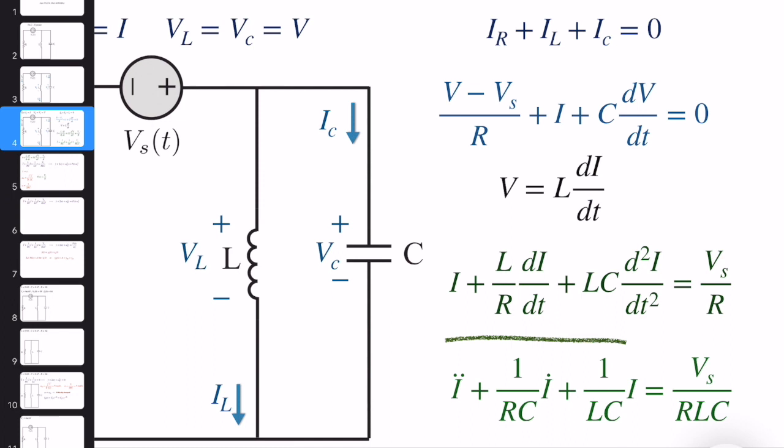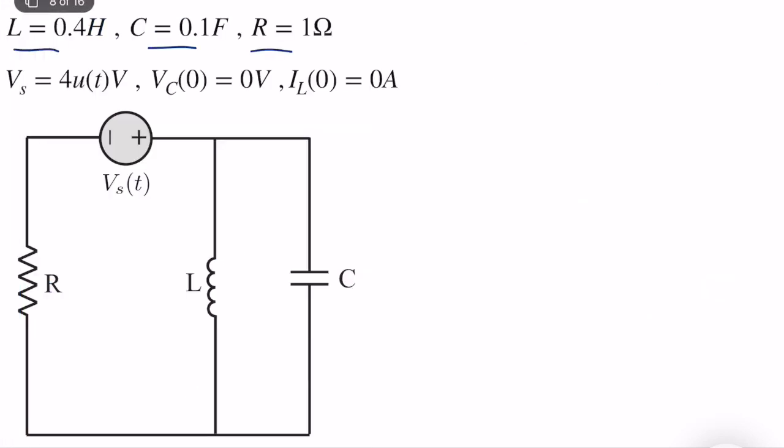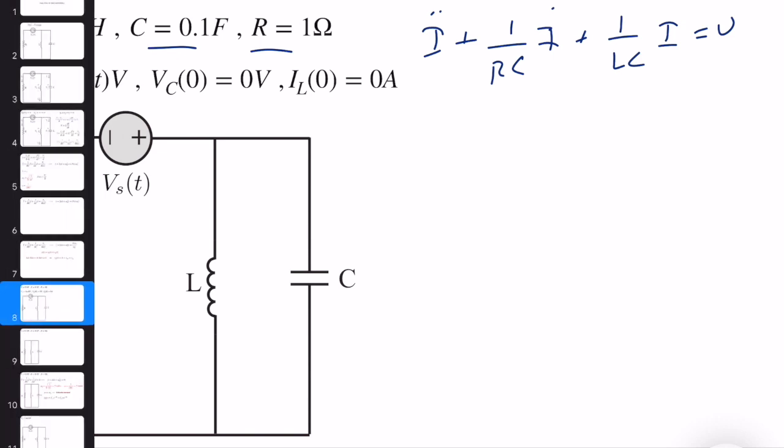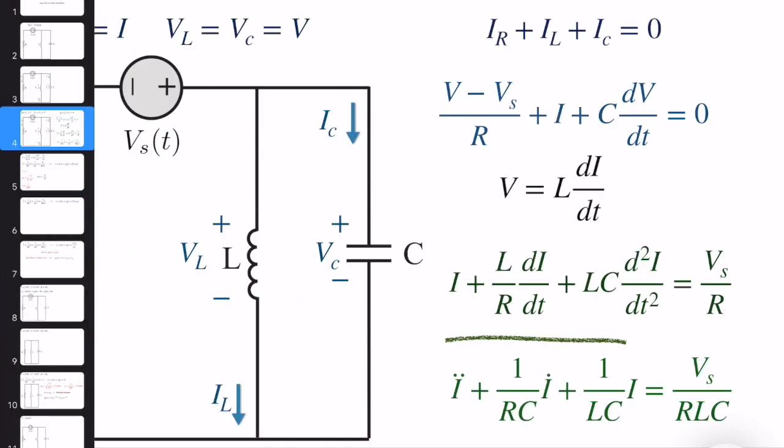So the ODE is in this form: I double dot plus 1 over RC I dot plus 1 over LC I is equal to 0. That's correct.